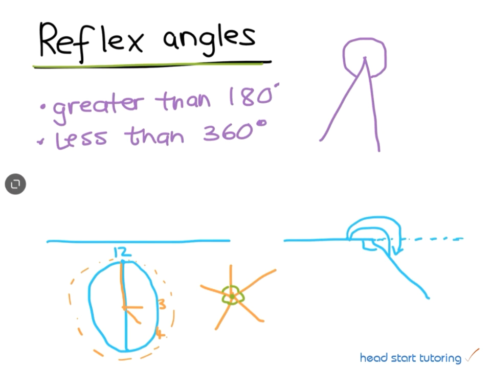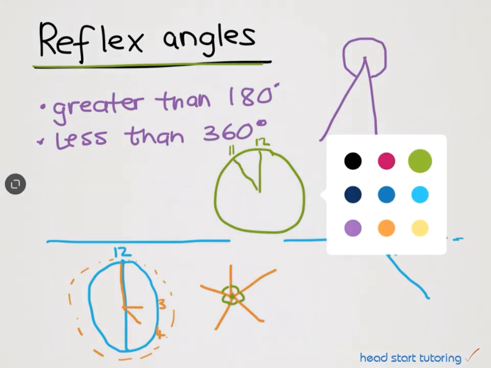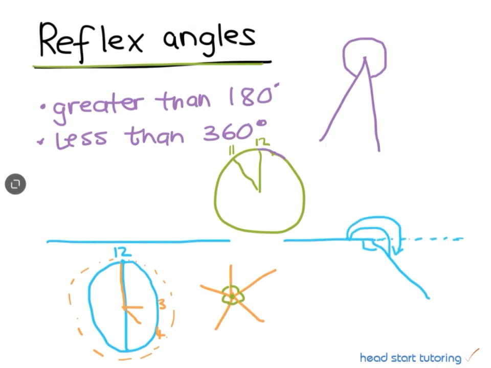So if we have a look, let's draw, we've got a clock, and if our minute hand moves from 12 o'clock and it ends up getting to 11 o'clock, we end up going all the way around and we end up there. So this is what our angle will look like. We'll go all the way around and we only end up there.